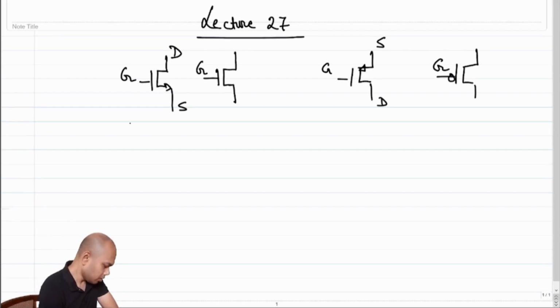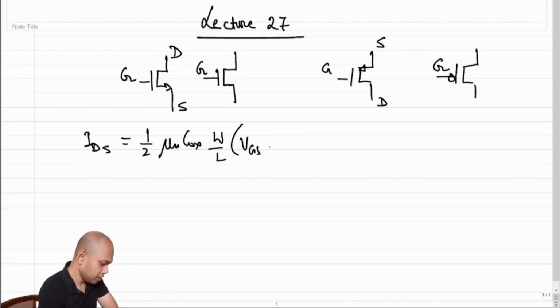Okay, so quick recap. In saturation, IDS for NMOS is half mu n Cox W over L, VGS minus VTN whole squared.